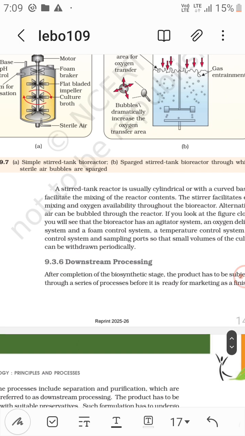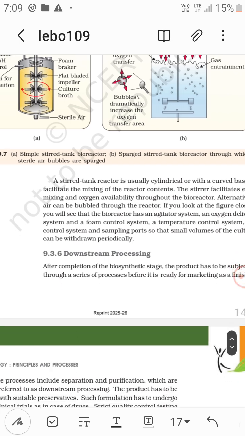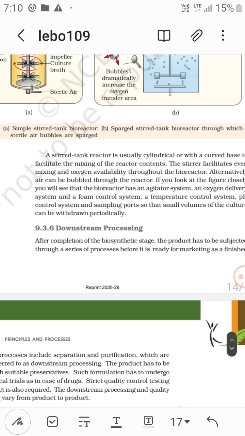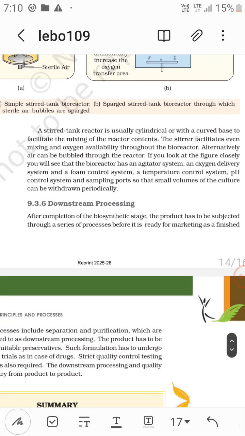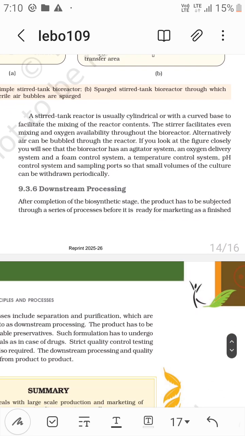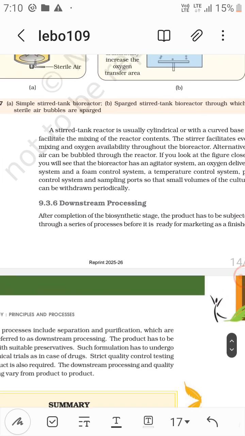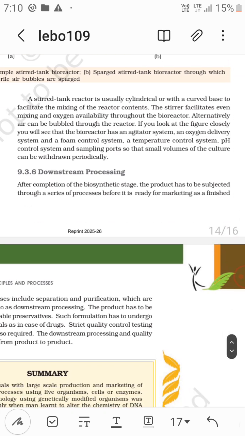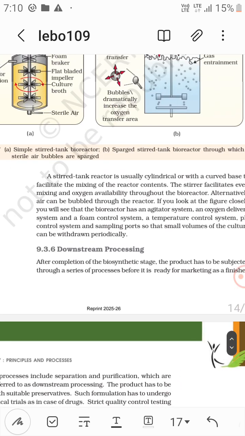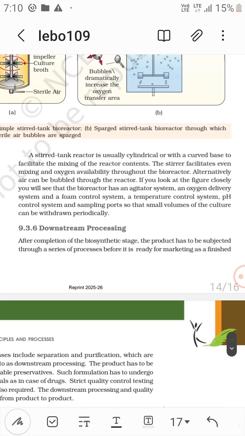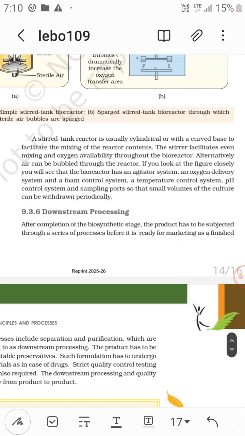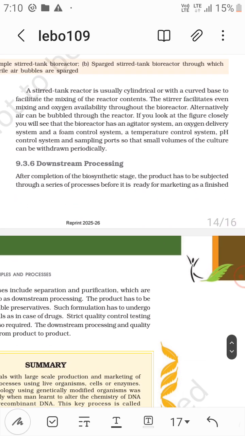Now the downstream processing. After the completion of the biosynthetic stage, that is all the stages before the downstream processing, the product has to be subjected through a series of processes before it is ready for marketing as a finished product.